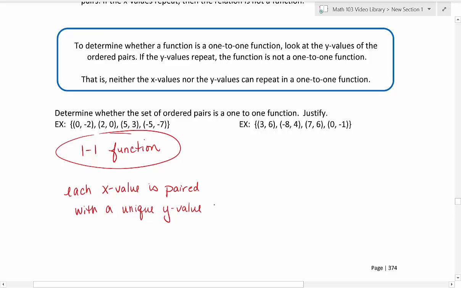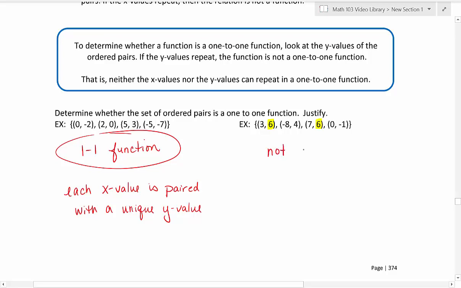Let's take a look at our next set of ordered pairs. Is this a one-to-one function? You'll notice that the y value of 6 repeats. The x value of 3 and the x value of 7 both pair with the y value of 6. This would be like saying that two different people had the same social security number, and that is not possible.